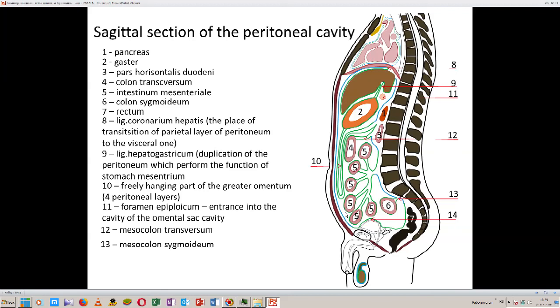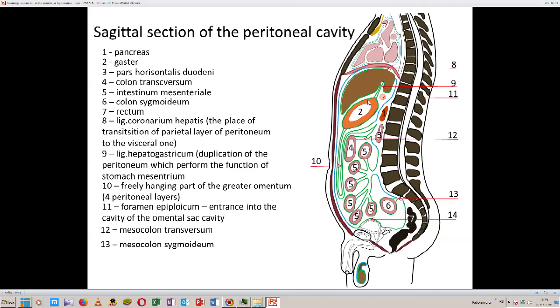So, we can say that peritoneal cavity is a narrow space between loops of the intestine, between parietal and visceral layers of the peritoneum.